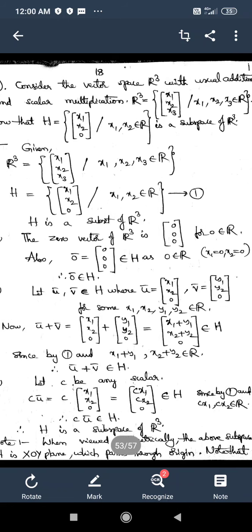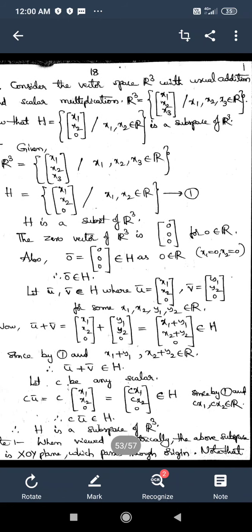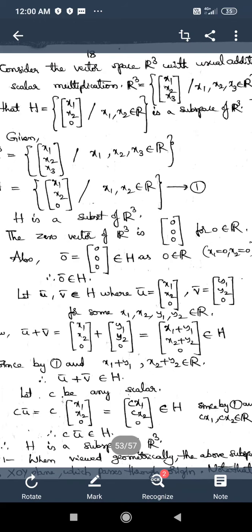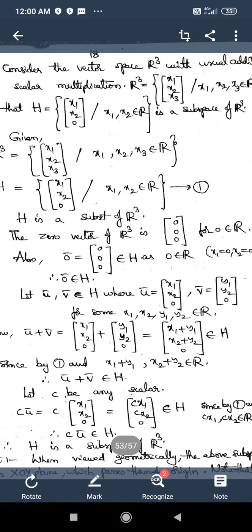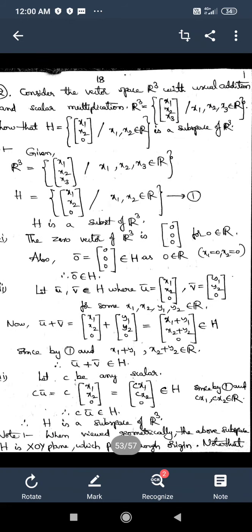And since by 1 and Cx1, Cx2 belongs to R, by these two reasons we can say that the column vector (Cx1, Cx2, 0) belongs to H. Therefore finally we could say that Cu bar, the scalar multiple of u bar by a scalar C, is in H. Therefore H is a subspace of R3, as all the three conditions are satisfied in H, and H is a subset of R3, which is a vector space. We can say that H is a subspace of R3.